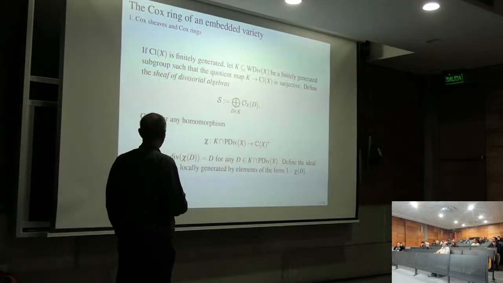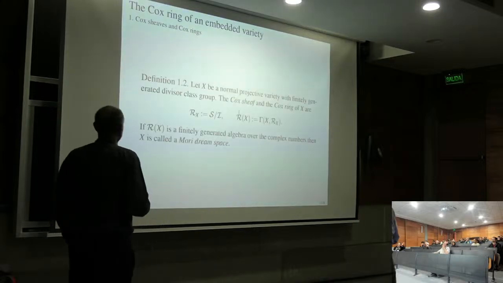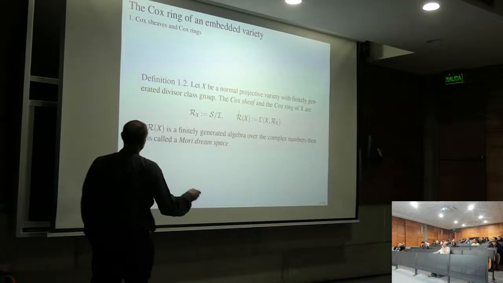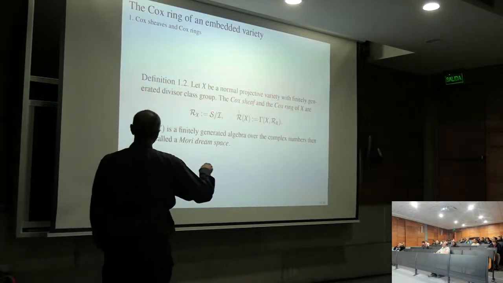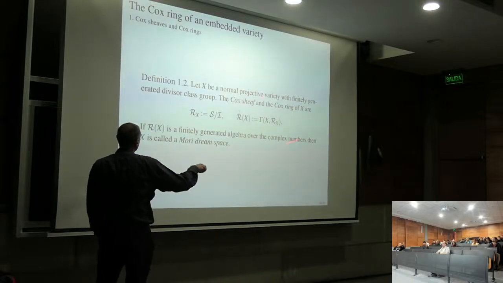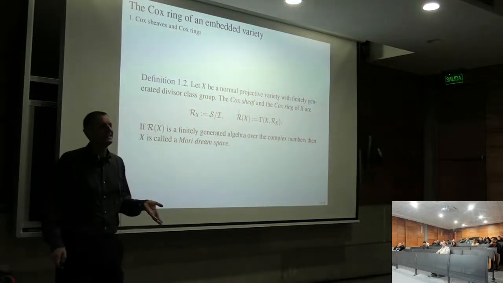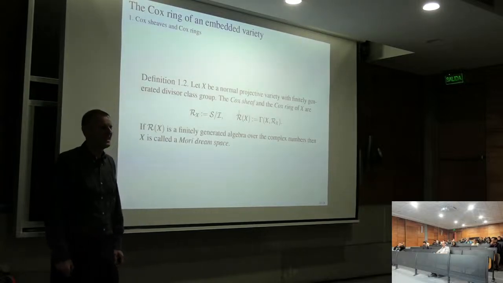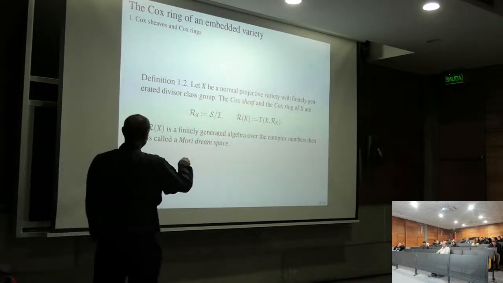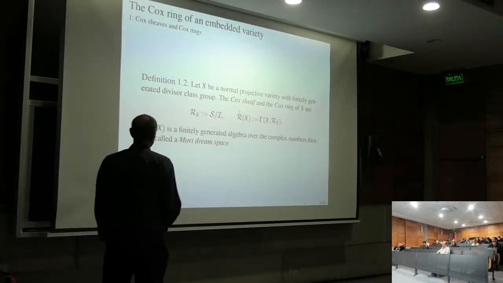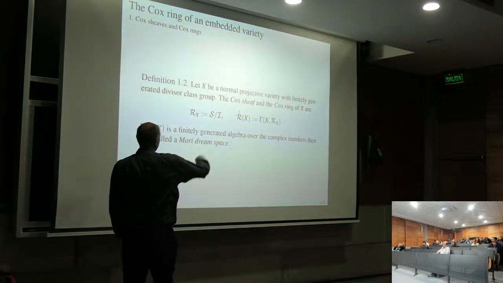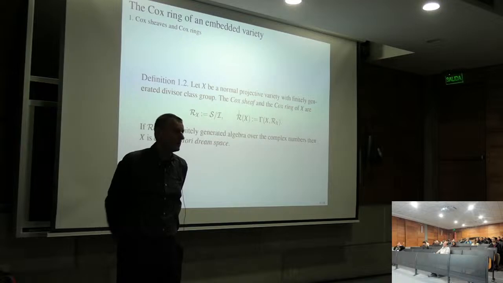Now, under the same assumption as before on X and on the divisor class group, you can define two objects, and both are important for us. I cannot skip any of them. The first one is the Cox sheaf, which is this quotient; or, to simplify, just take S whenever the divisor class group is free.